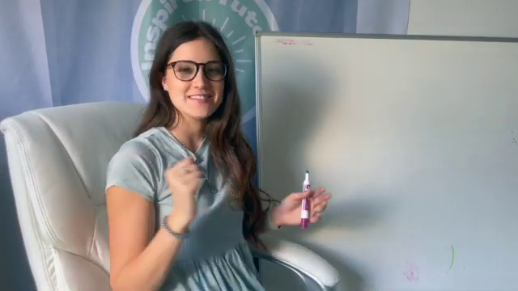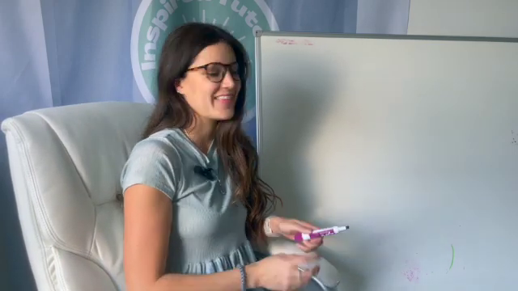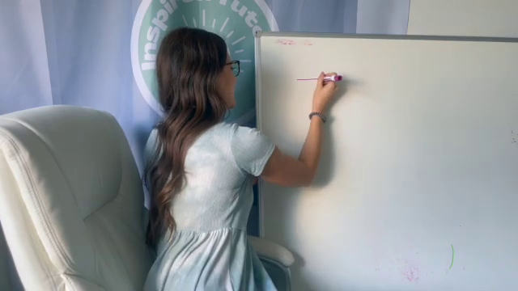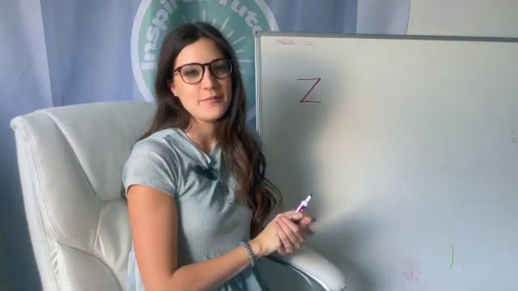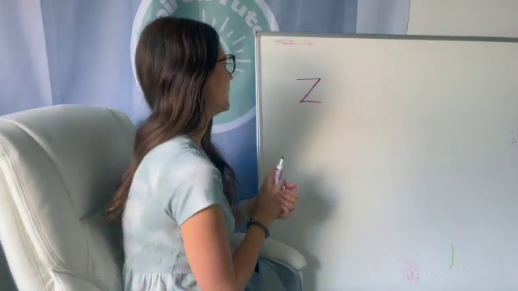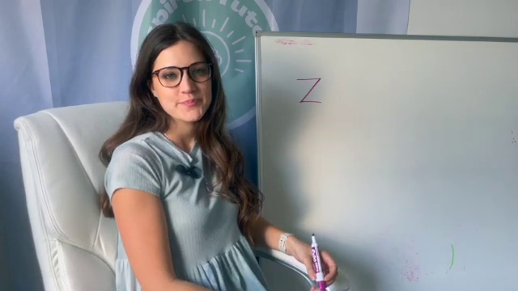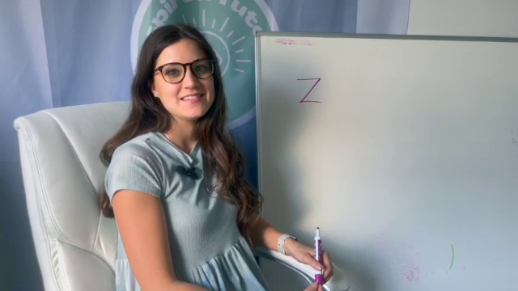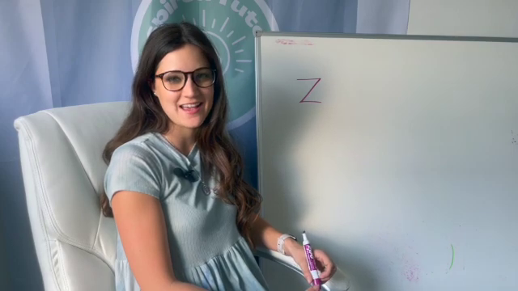And what is our last letter of the alphabet? The letter Z, or as I said in my previous video, Zed if you're up in Canada where I was born. Okay, what sound does Z make? Zzz, right? Kind of like a buzzing sound.